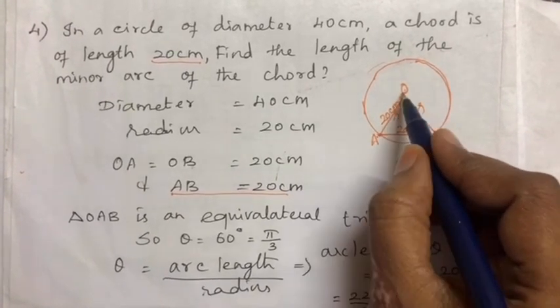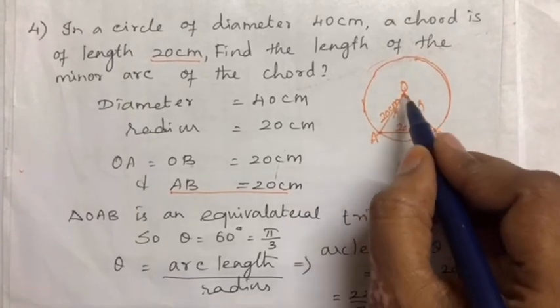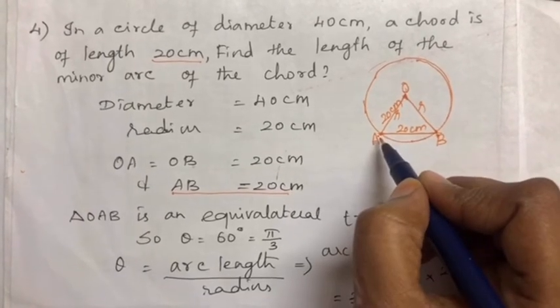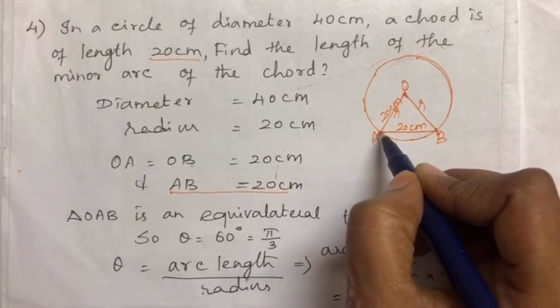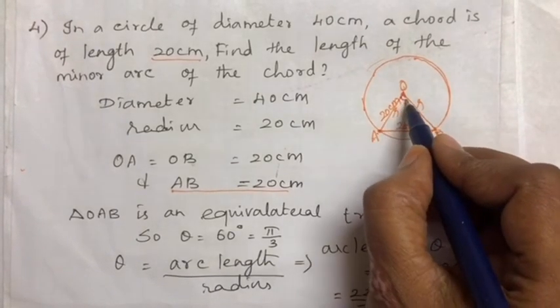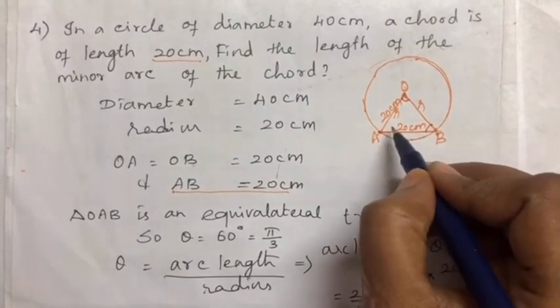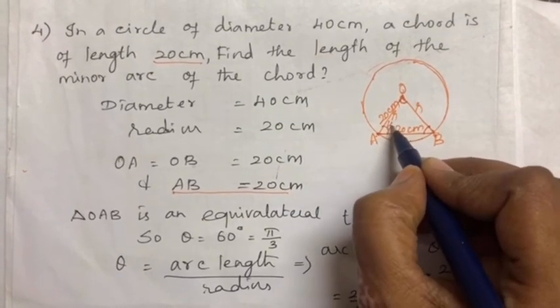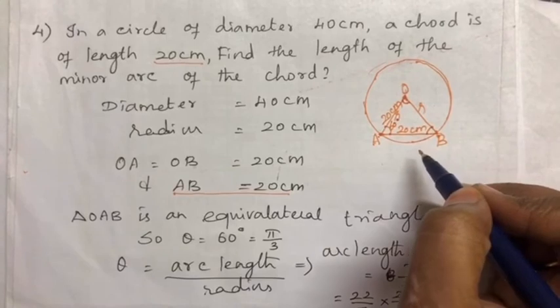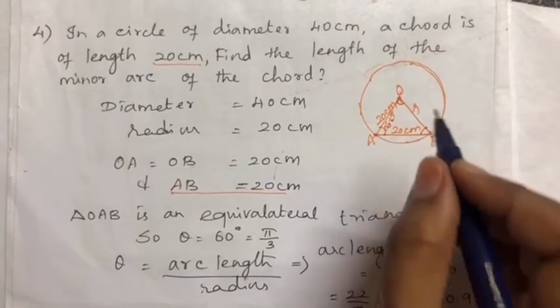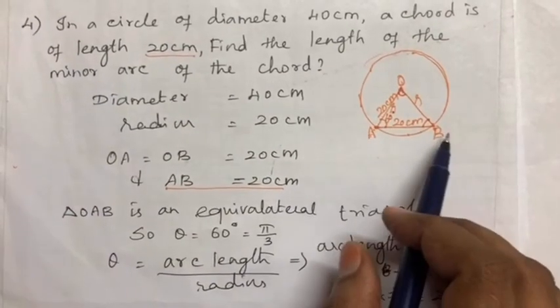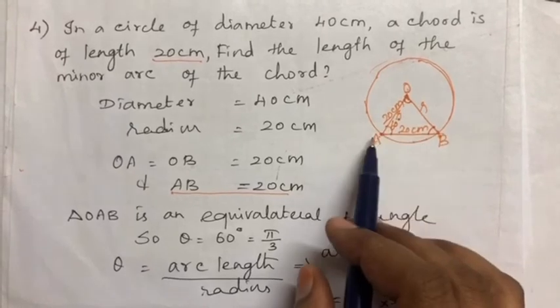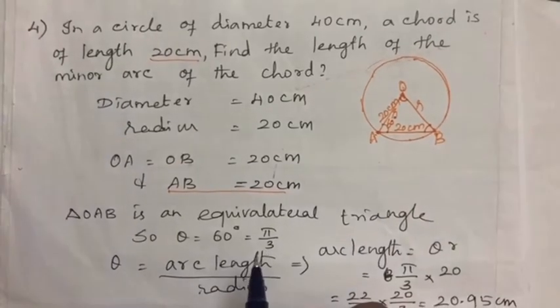So, here we get an equilateral triangle. In an equilateral triangle, all the angles are equal and it is 60 degrees. So, the three sides are equal, so the three angles are also equal and it is 60 degrees.